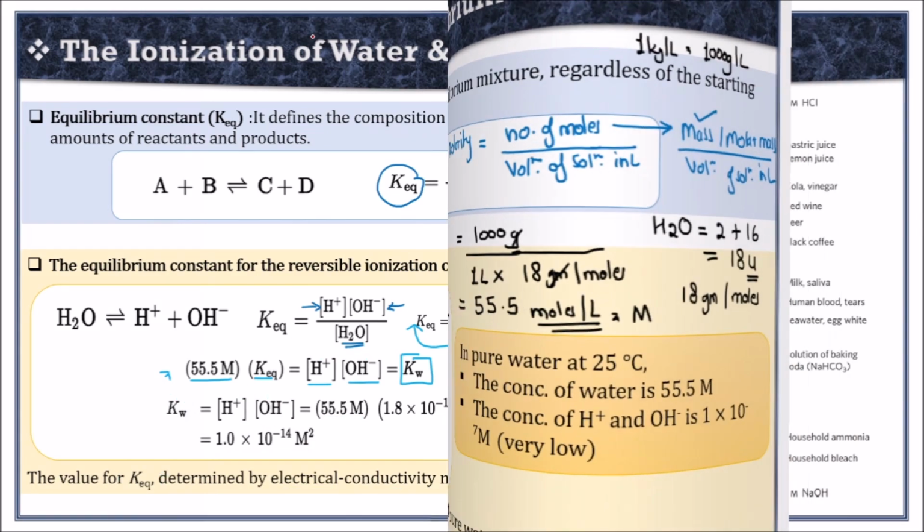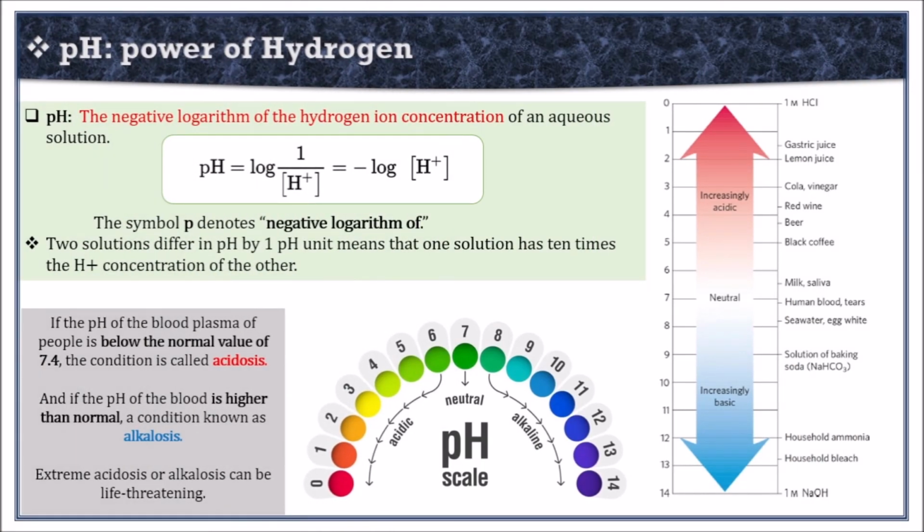Before moving forward to determine the pH of water, first we have to understand what pH is and how to determine it. You may simply know pH as the power of hydrogen, but that is not accurate. The pH is the negative logarithm of hydrogen ion concentration.